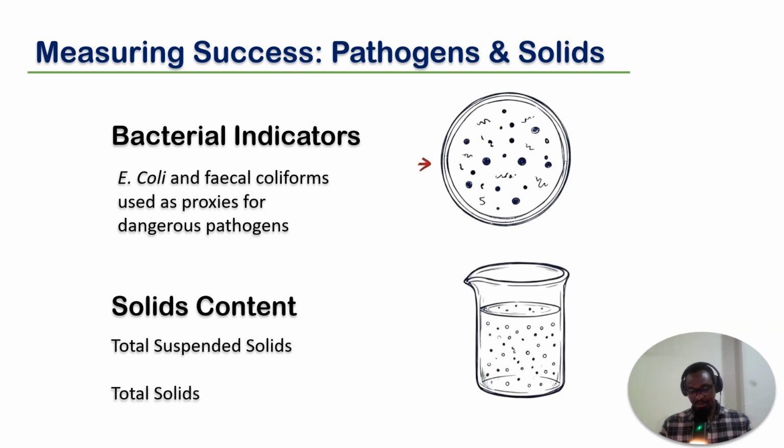Now, the other here is to do with solids. How much of the solids are removed out of the moisture that is available. In moisture, we're talking about the water. In this case, we look at the total suspended solids and then the total solids. So these are some of the parameters that are looked at when analyzing fecal sludge.